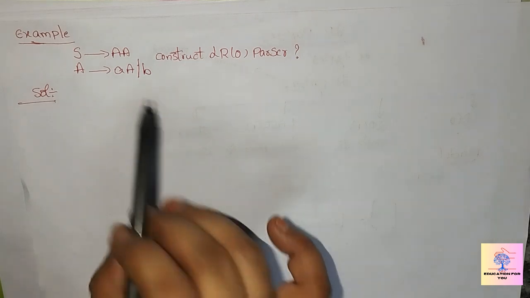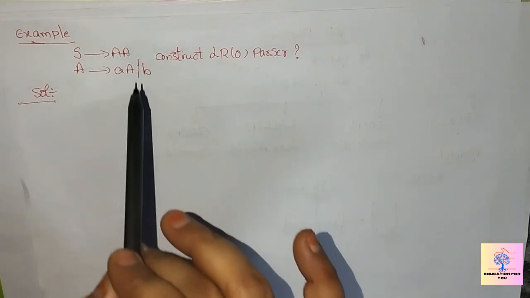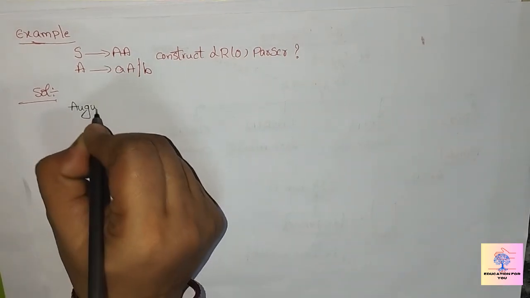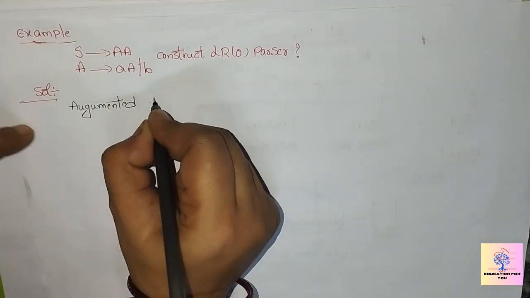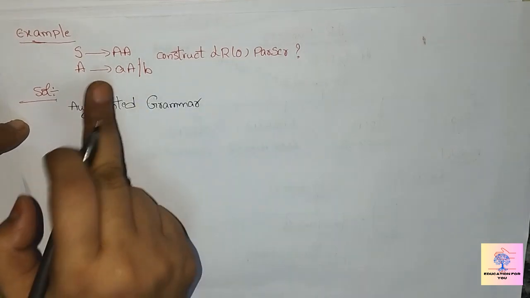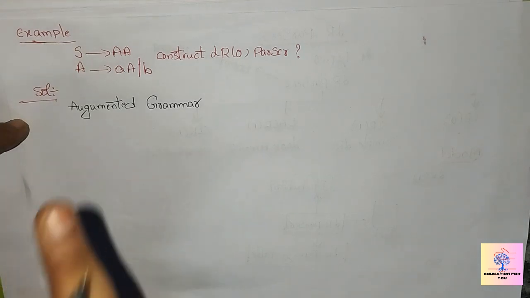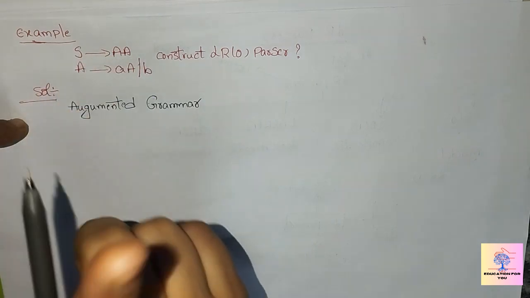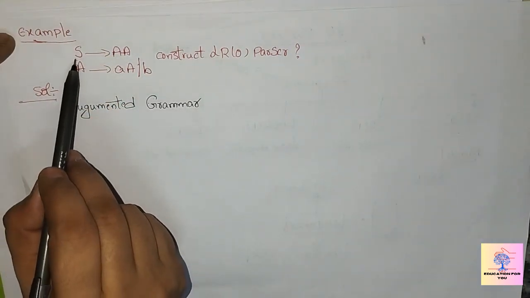Whenever a grammar is given, the first step is you have to construct the augmented grammar for the given grammar. How can you construct the augmented grammar? Just add one extra production for the starting symbol.